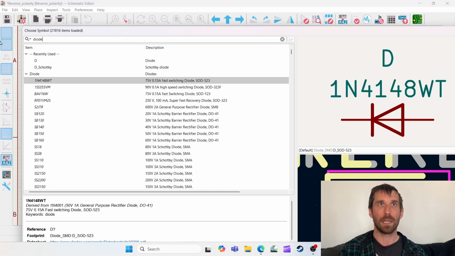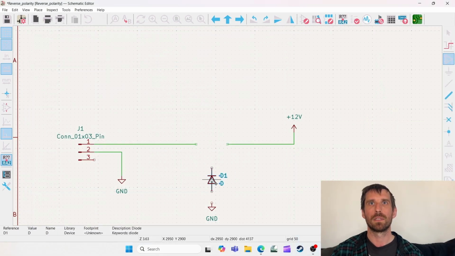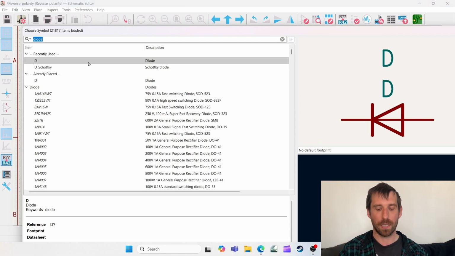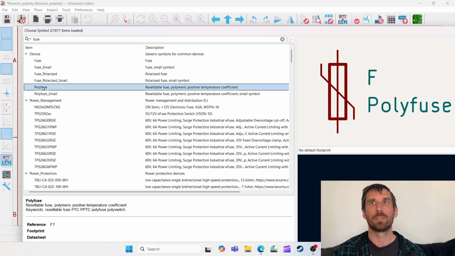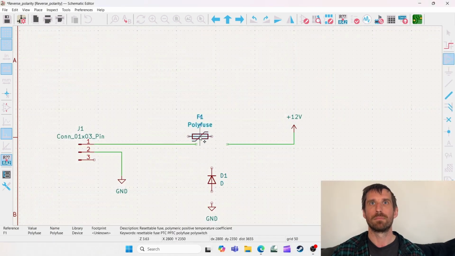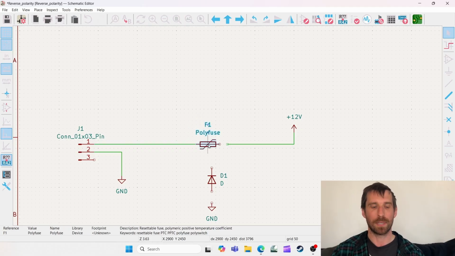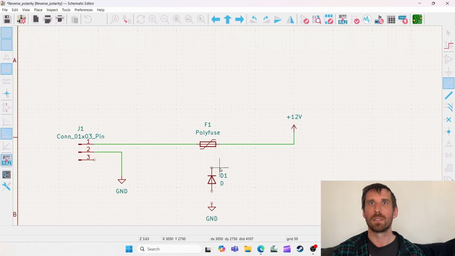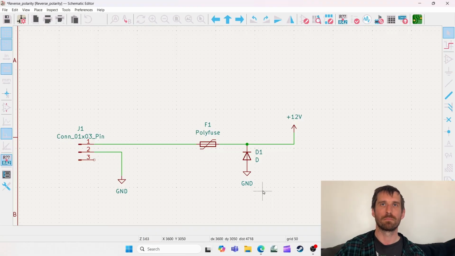So we're talking a diode, and we just do a regular fuse. Here's your polyfuse here.